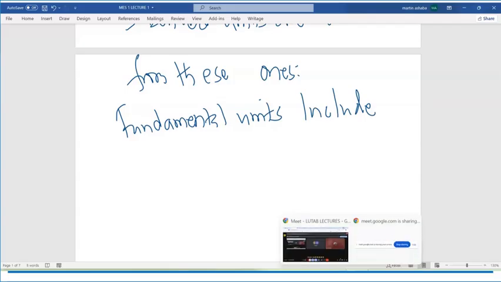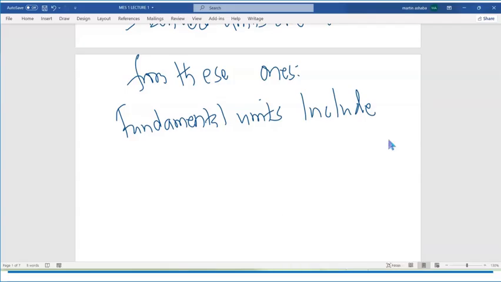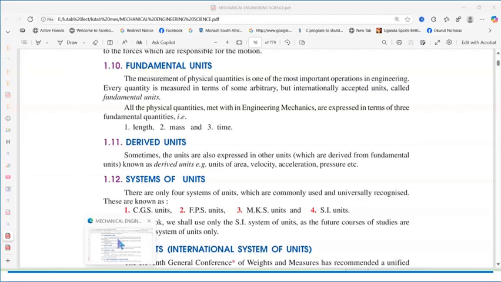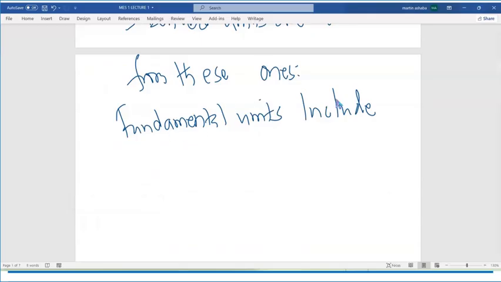Yes? Kilogram. Okay, kilogram. Yes, and that is for mass. So maybe let me say fundamental quantities. Yeah, fundamental units.